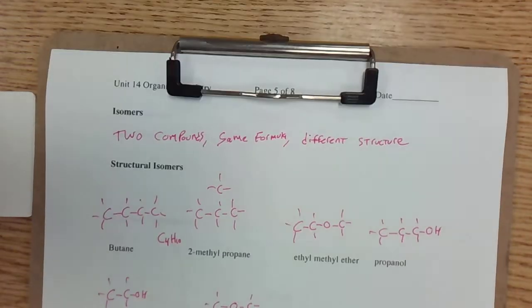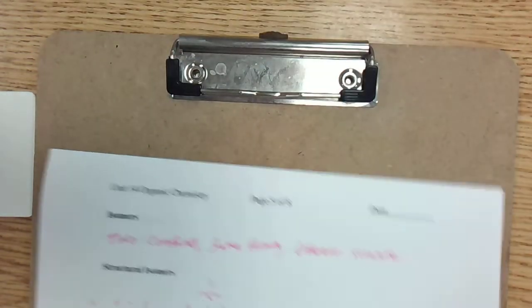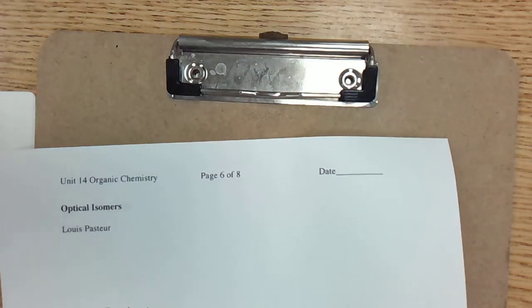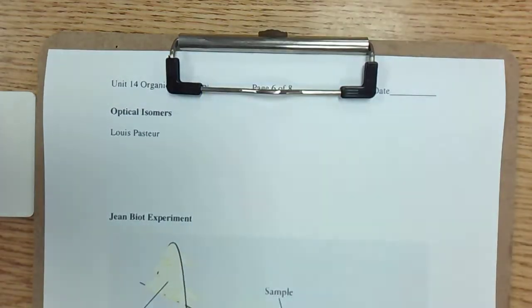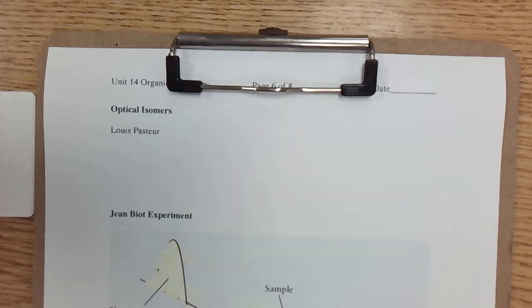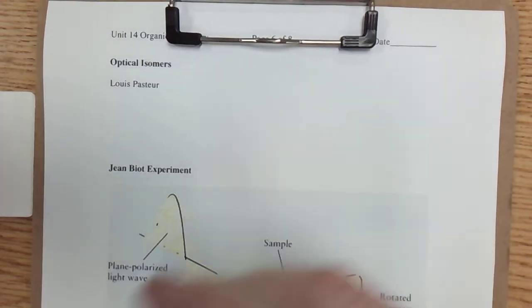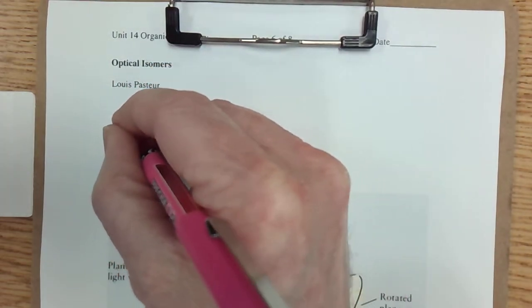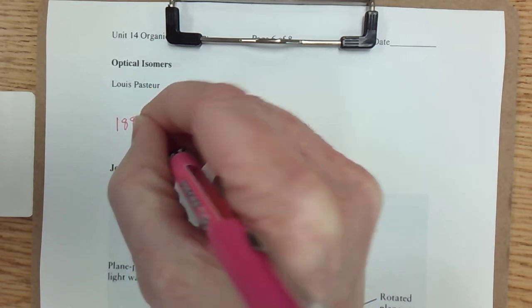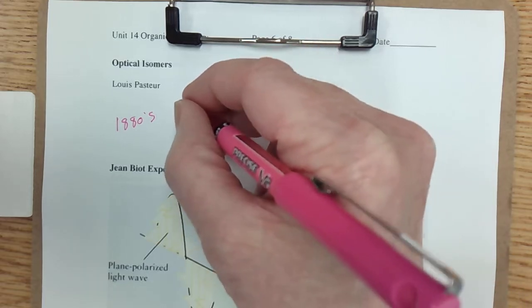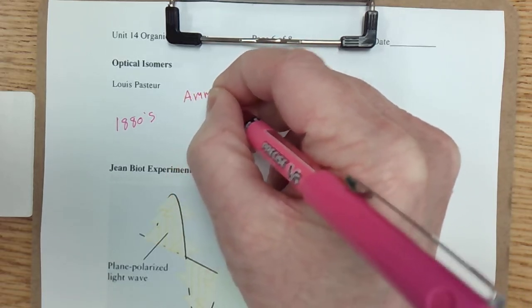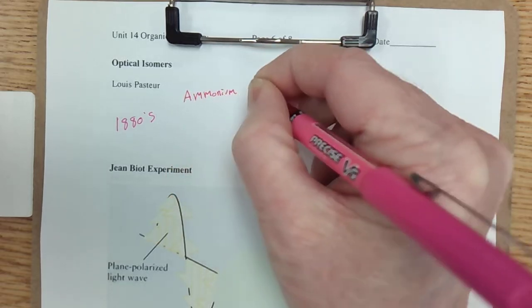Okay. Now, going on to the next page, you can all turn over to page number 6 now. A different type of stereoisomer is called the optical isomer. And this was first basically figured out in the 1880s by Louis Pasteur, okay, with a compound called ammonium tartrate.